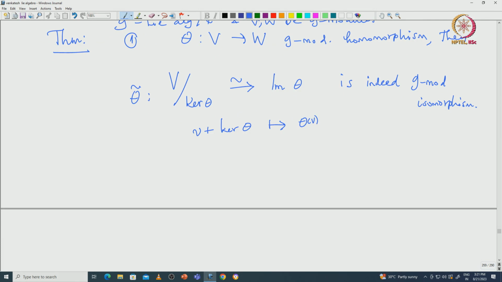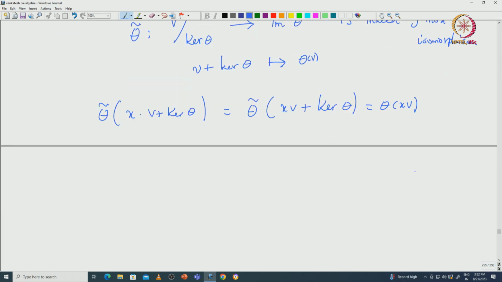That is more or less trivial to check, because theta tilde of x dot v plus kernel theta, using the definition of the factor module, is the same as theta of x dot v. Since theta is a G module map, x comes out, so you get x acting on theta of v, which is x dot theta tilde of v plus kernel theta.